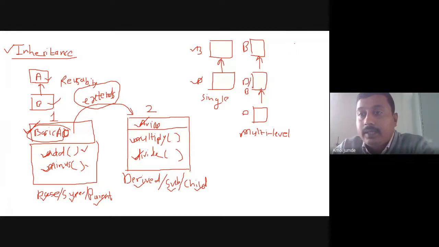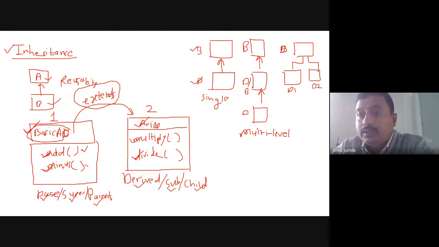Okay, and then you have this structure when a single class is derived into multiple classes. Single base class, and this is B, D1 and D2.